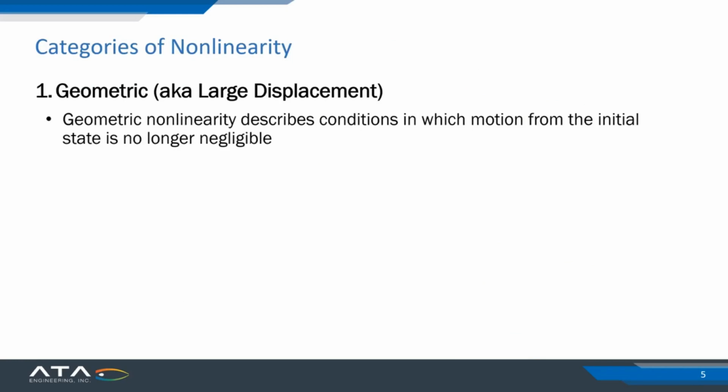When we do talk about nonlinear solutions, we generally break it down into 3 different categories of nonlinearities in the model. The first of which is geometric nonlinearity, sometimes called large displacement. In fact, the Nastran language calls it a large displacement solution, LGDISP. So that geometric nonlinearity is basically describing the condition where the motion from your initial state is no longer negligible.